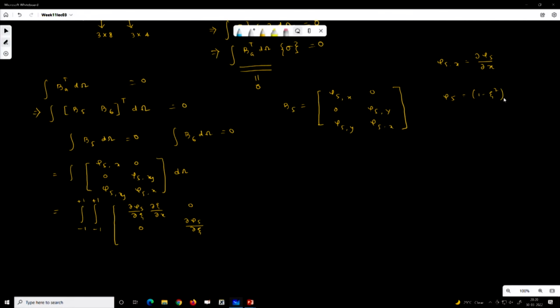So only xi derivative exists. So that's why del xi by del y. Now this is again del phi 5 by del xi into del xi by del y, and this is del phi by del xi into del xi by del x.